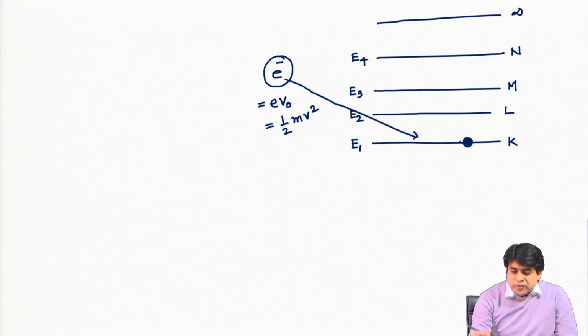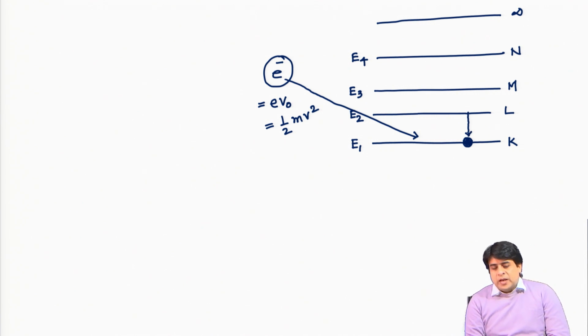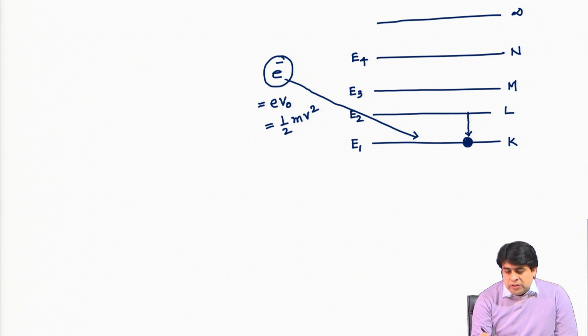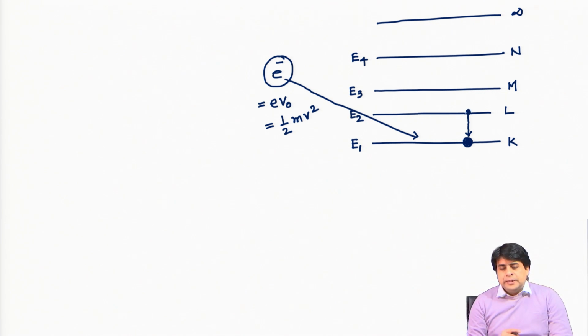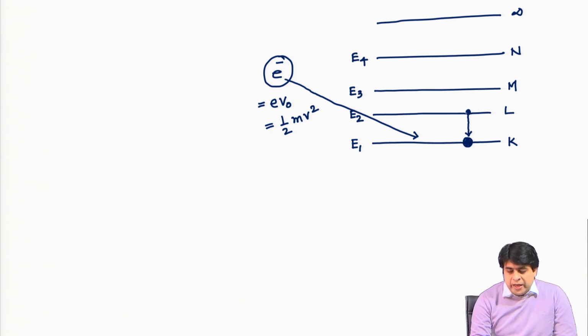The electron present in the L shell will try to jump to the lower energy level for stability. When the electron jumps from the L shell to the K shell, because the electron in the L shell has higher energy, there will be some energy difference.